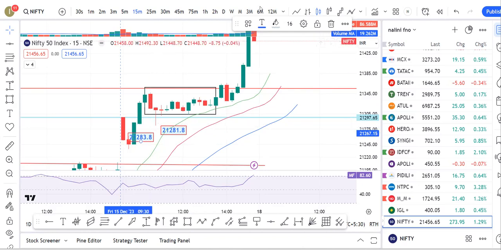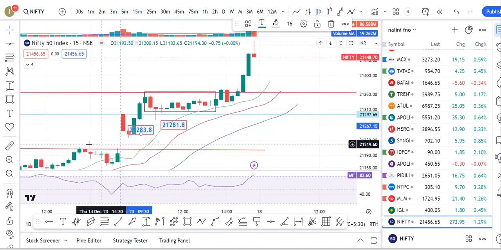Apart from that, I have an indicator called the Alligator. This liquidity sweep is happening above the moving average, the shorter time period moving average.